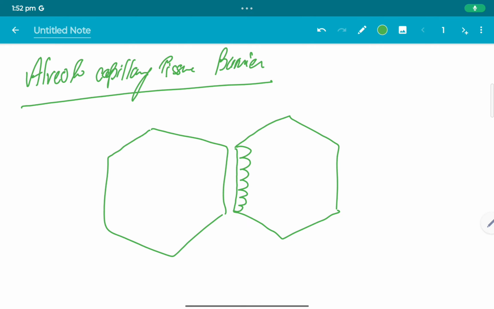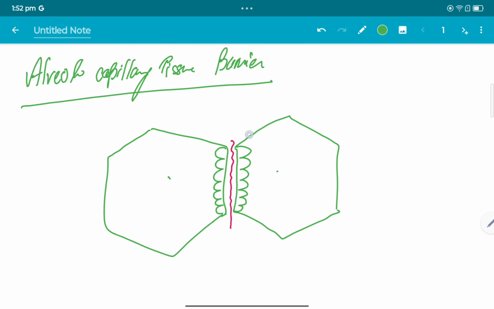So suppose these are two alveoli, alveoli 1 and alveoli 2, and between them we have the interalveolar septum, with a capillary running through it. We have the alveolar epithelial cells on both sides.